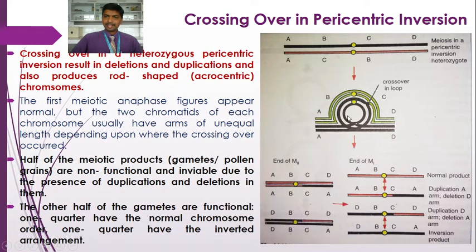So after pairing, the crossing over occurs, and as a result of crossing over, the product forms are here. A, B, C, D. Here is the centromere. This is the normal. Now this is the second chromosome.